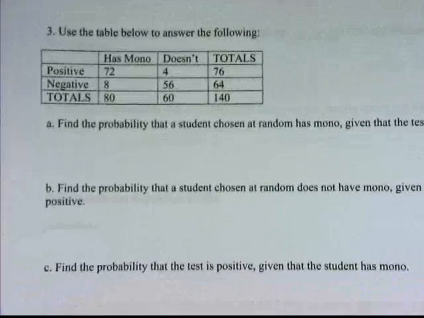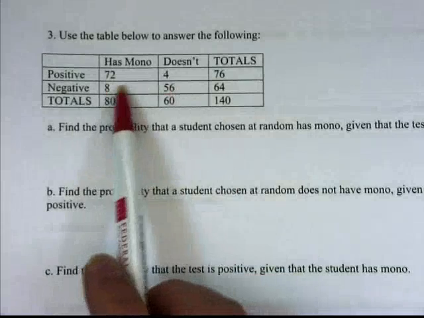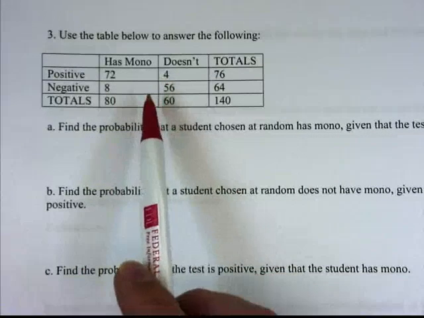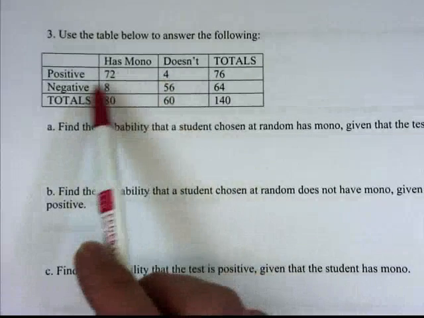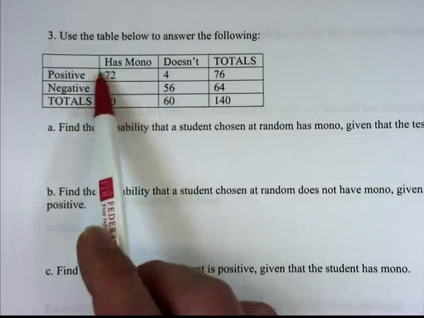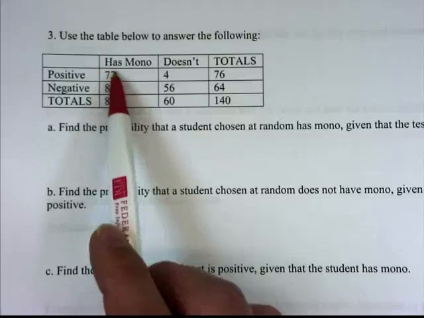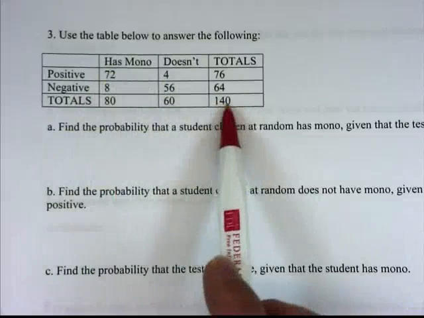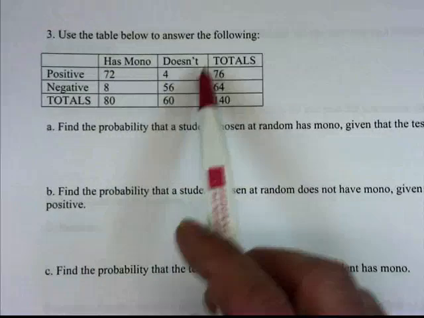On the next page, we're going to use the table below to answer the following questions. What we're looking at is mono tests. If you take a mono test and you have mono and it's a positive test, that happens 72 out of 140 times.